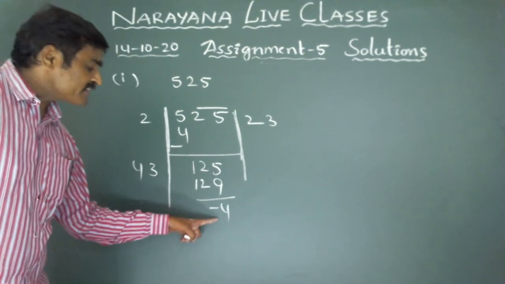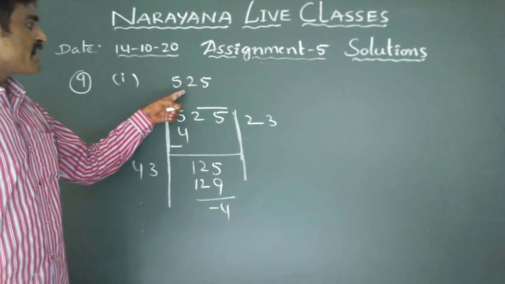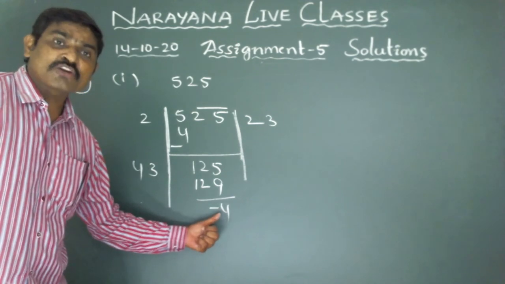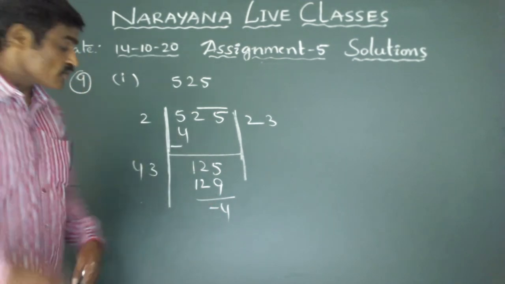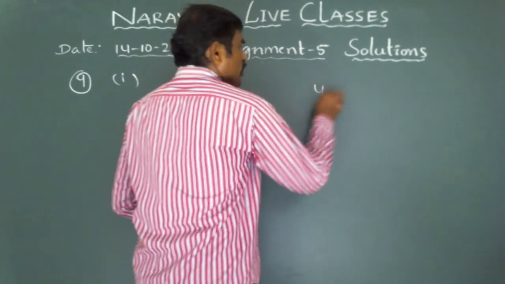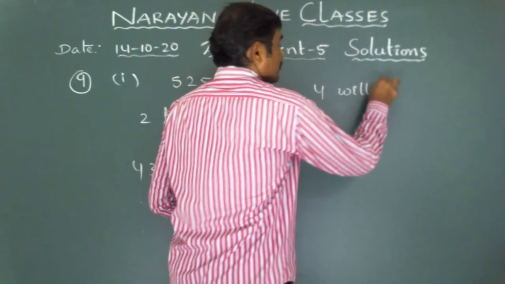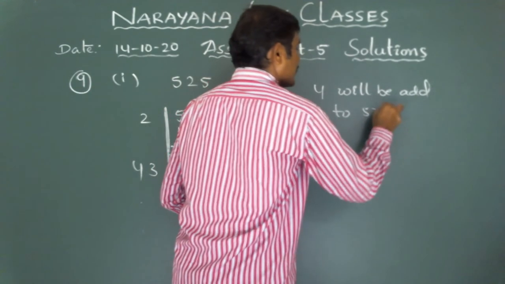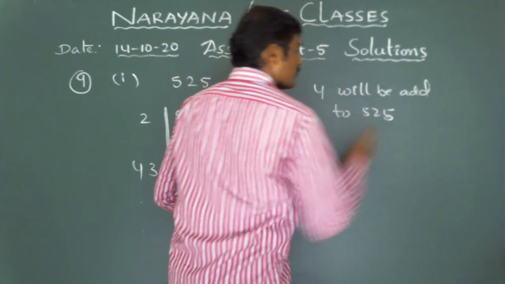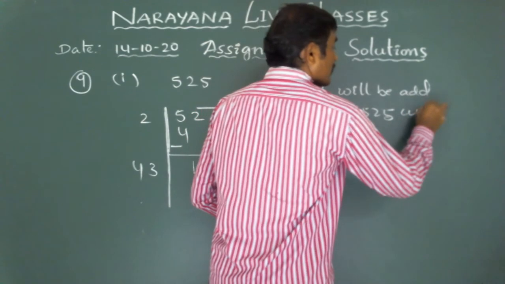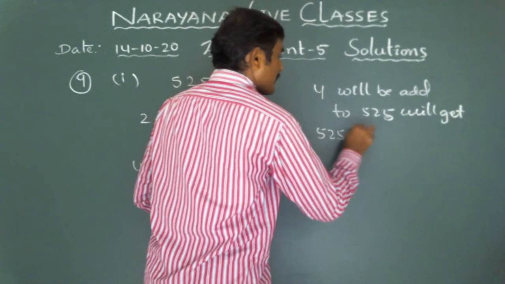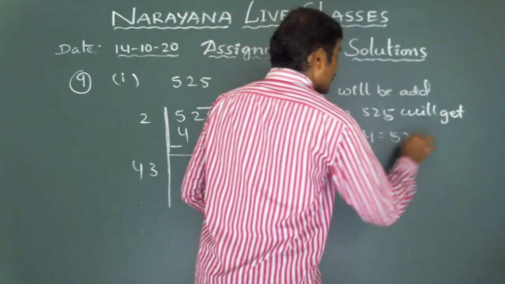So if you get the remainder 0, that number becomes a perfect square. So what will we do? This remainder should become 0, so plus 4 will be added. 4 will be added to 525. So we get 525 plus 4 is equal to 529.